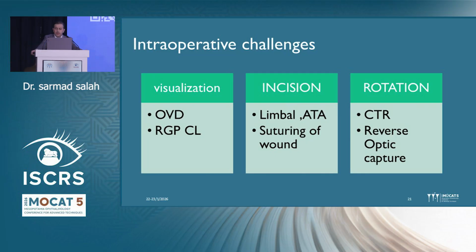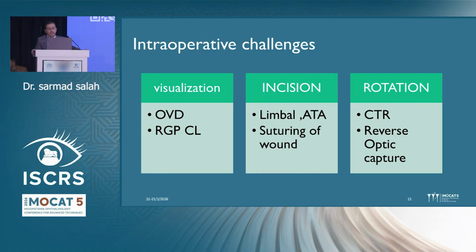During surgery, the main challenge is visualization through an irregular cornea. We can solve this by adding OVD or using a contact lens. It's preferred to do a limbal incision rather than a corneal incision, away from the thinning area, and suture it at the end of surgery. To prevent IOL rotation when we're using a toric IOL, either implant a CTR or do reverse optic capture.